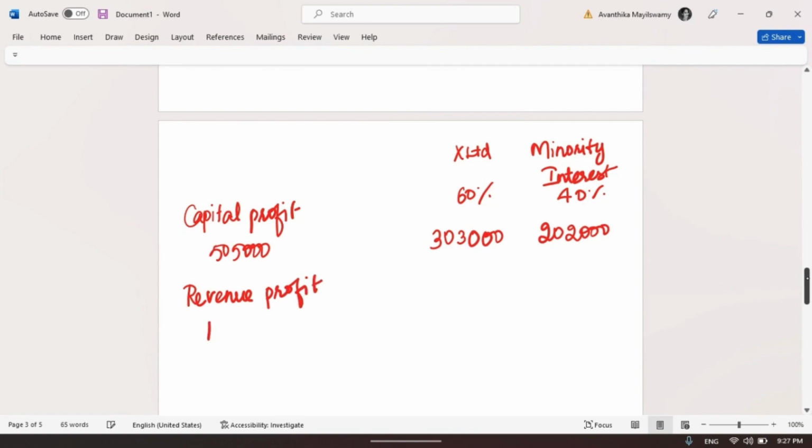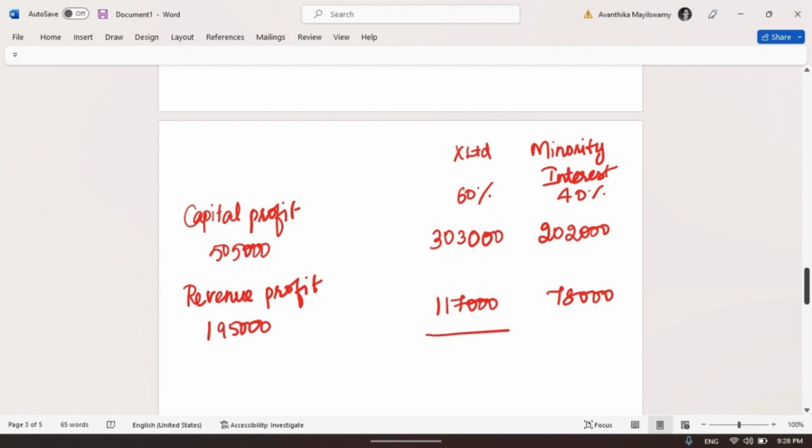Similarly, revenue profit is equal to 1,95,000. So out of 1,95,000, 60 percentage will be for X Limited, and the remaining 40 percentage will be for minority interest.